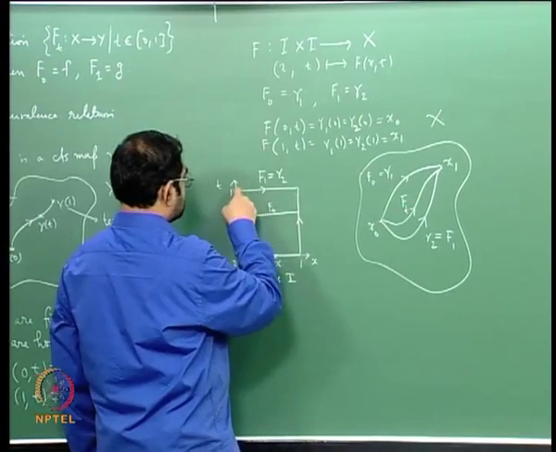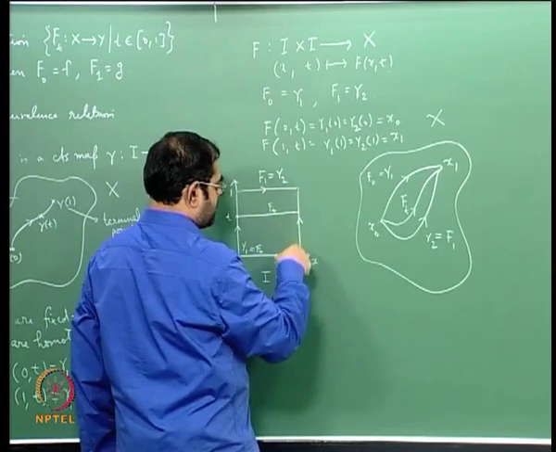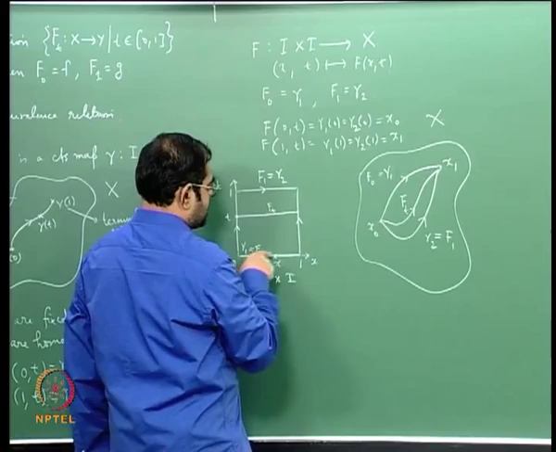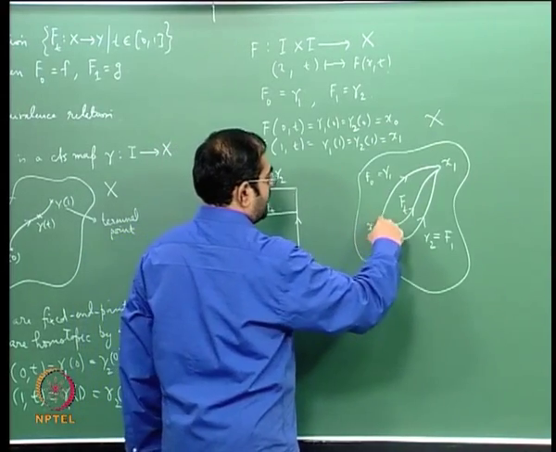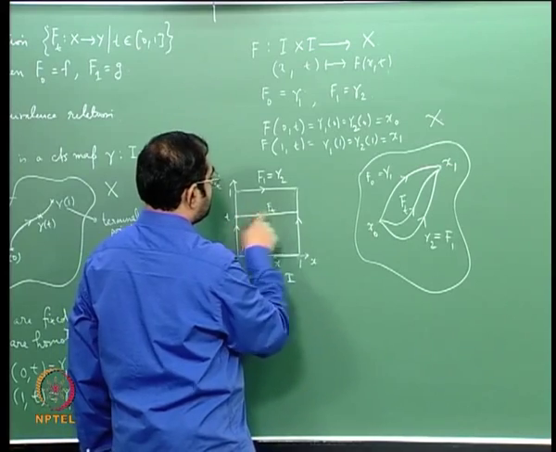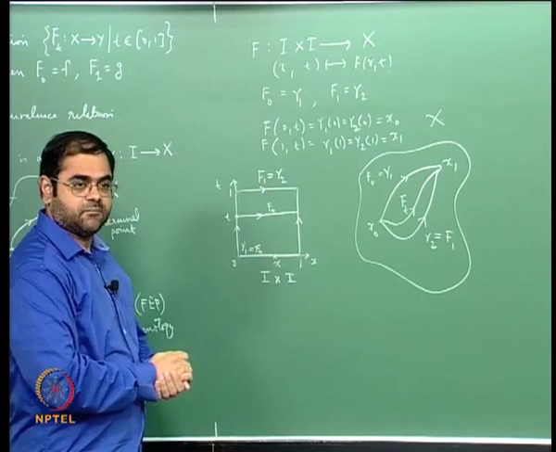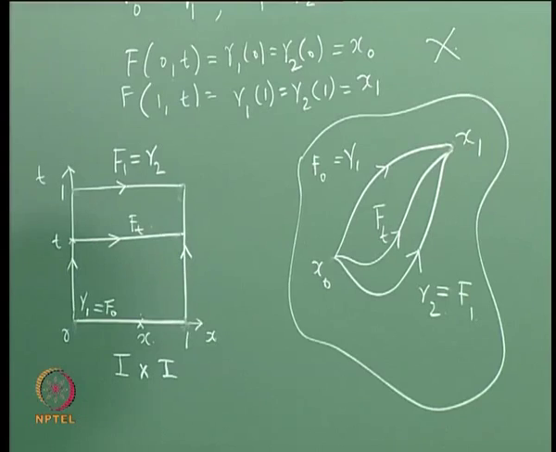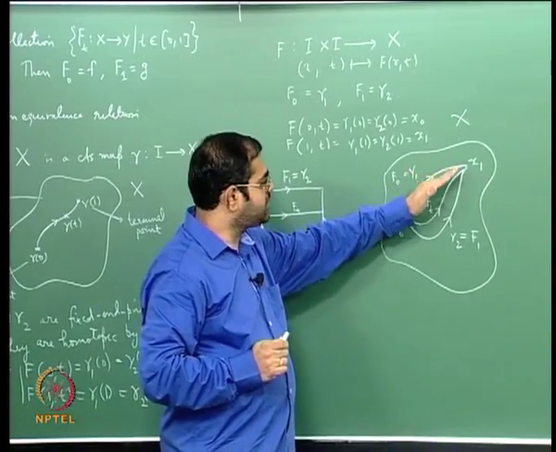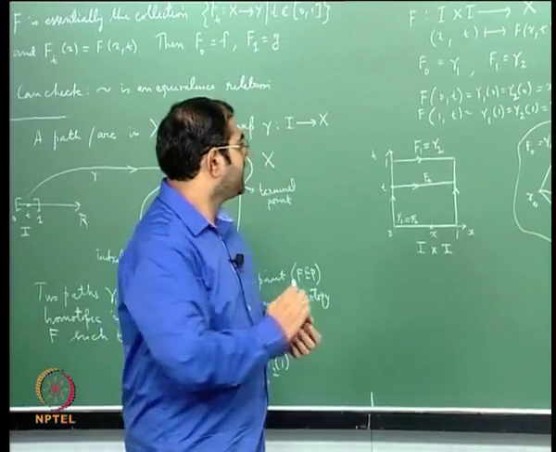So this whole line segment is mapped to this point, and this whole line segment is mapped to that point. This line segment is essentially gamma 1, this line segment is gamma 2, and anything in between gives you the path f sub t. So this is again a homotopy of gamma 1 with gamma 2 by a continuous family of maps parametrized by the time parameter.